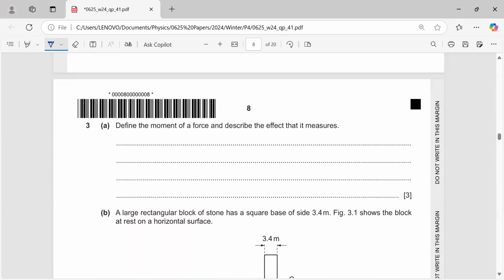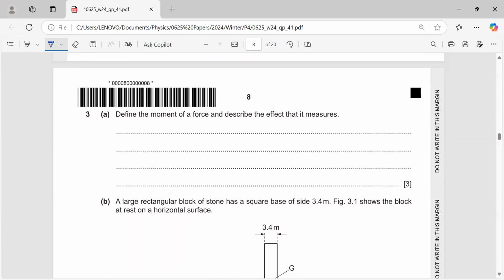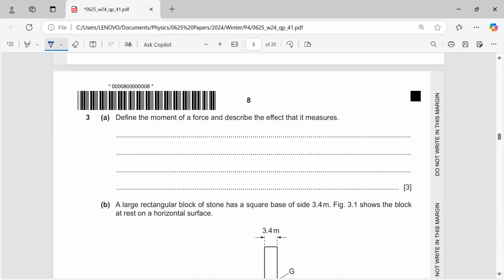So the next question is: define the moment of a force and describe the effect that it measures.